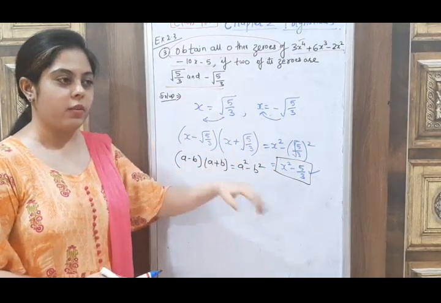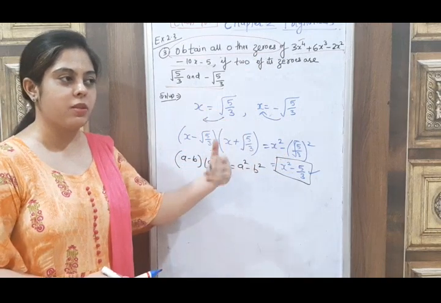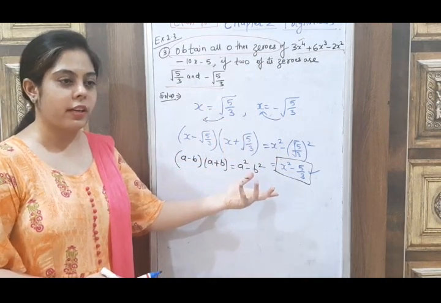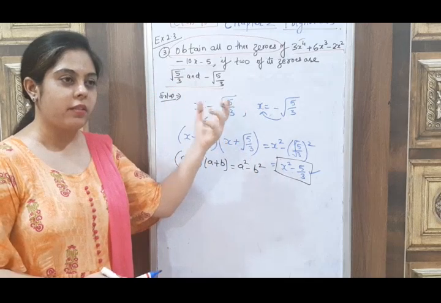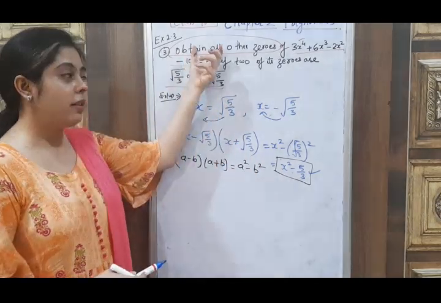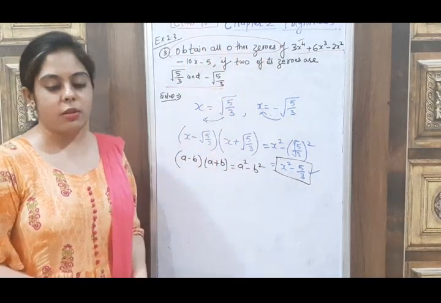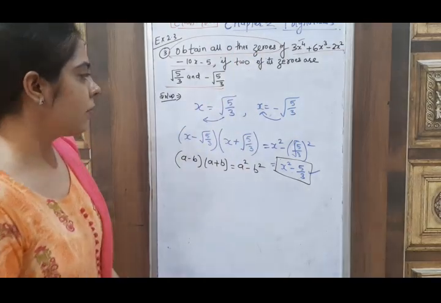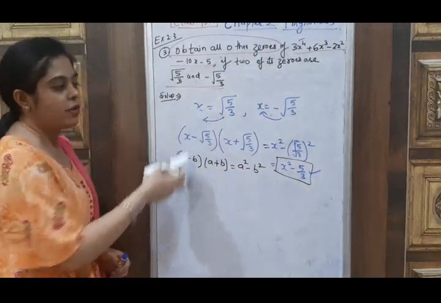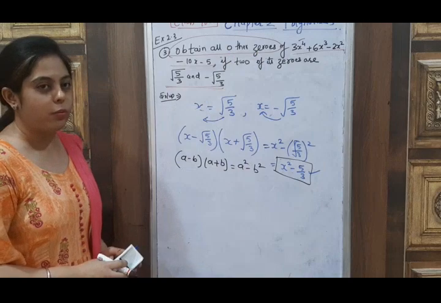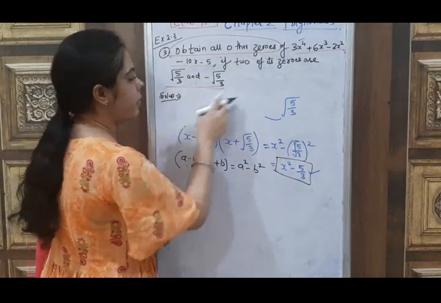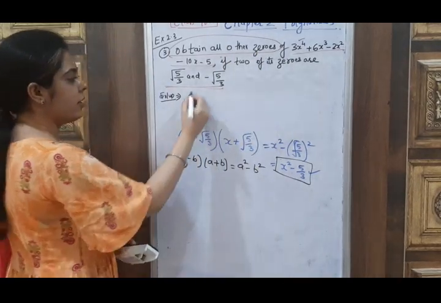And after dividing, whatever quotient we get, with that quotient we will get the remaining two zeros. So let's start here by long division method. So first you note down this solution in your notebook. Okay, now we use here long division method.